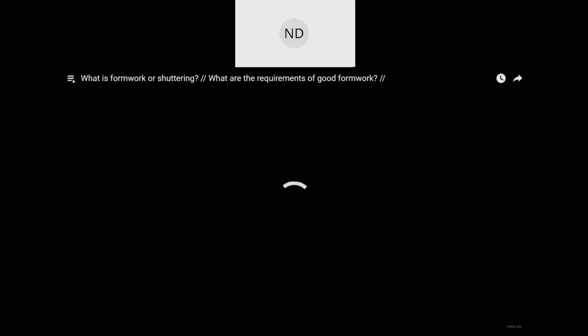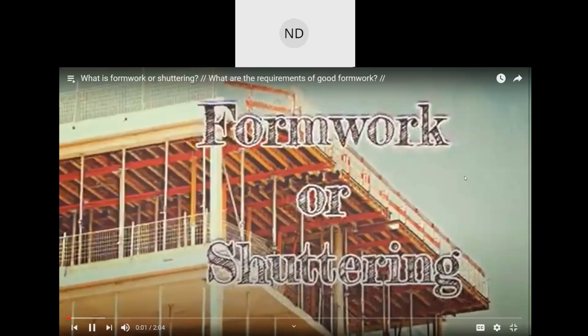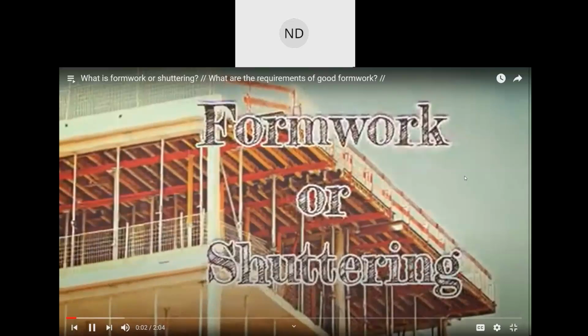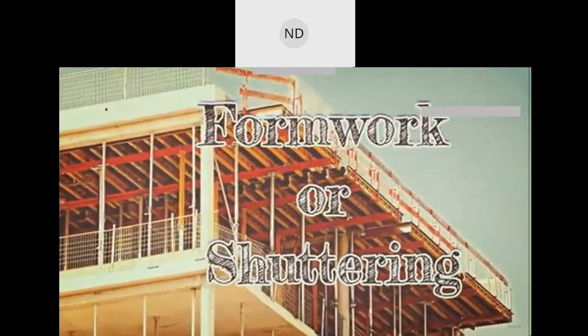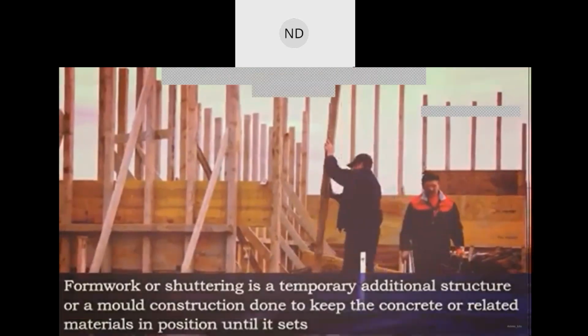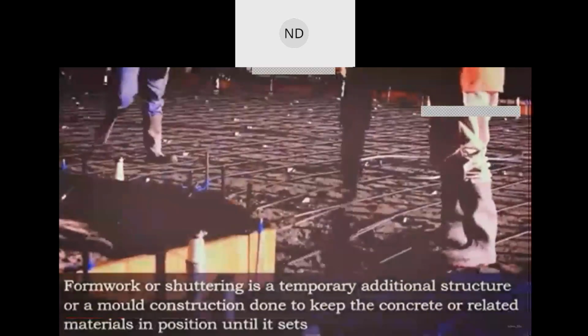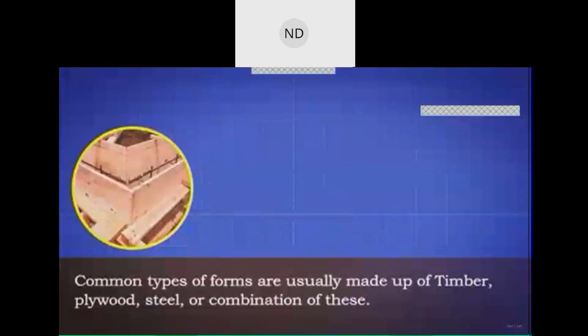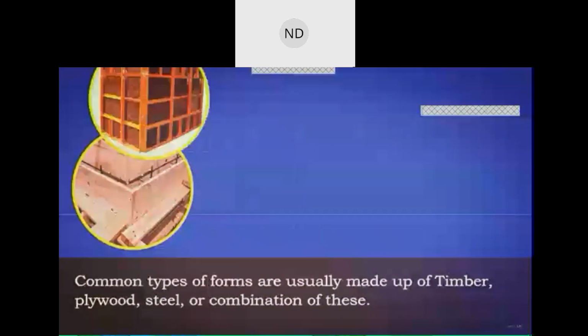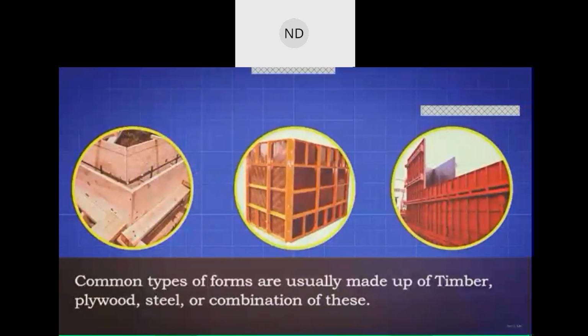Formwork or shuttering. This video explains what formwork is and the requirements for good formwork. Formwork or shuttering is a temporary additional structure or mold constructed to keep the concrete or related materials in position until it sets. Common types of forms are usually made of timber, plywood, steel, or a combination of these.